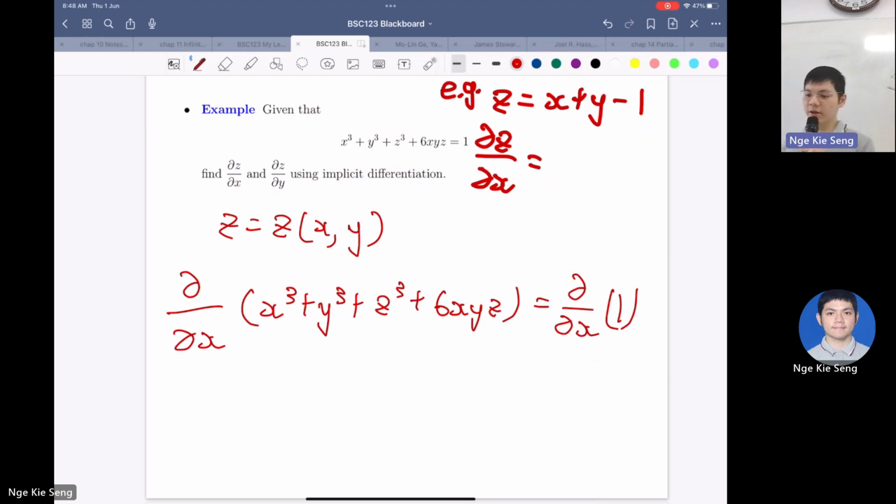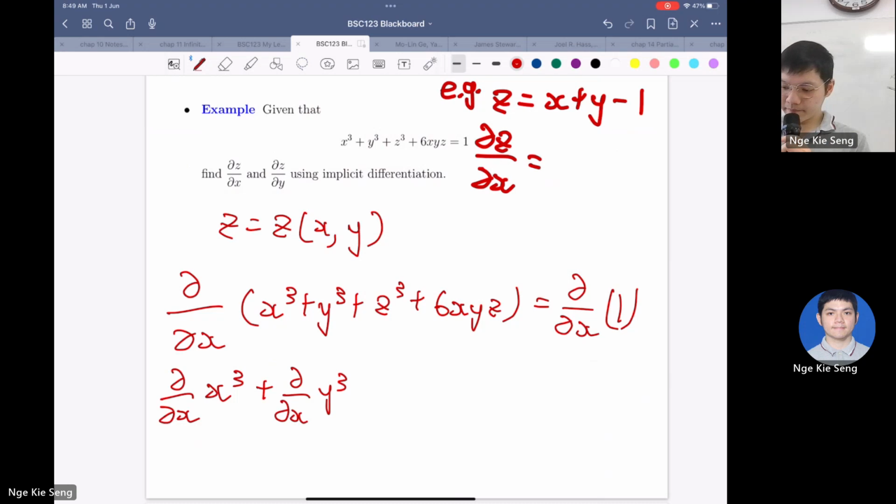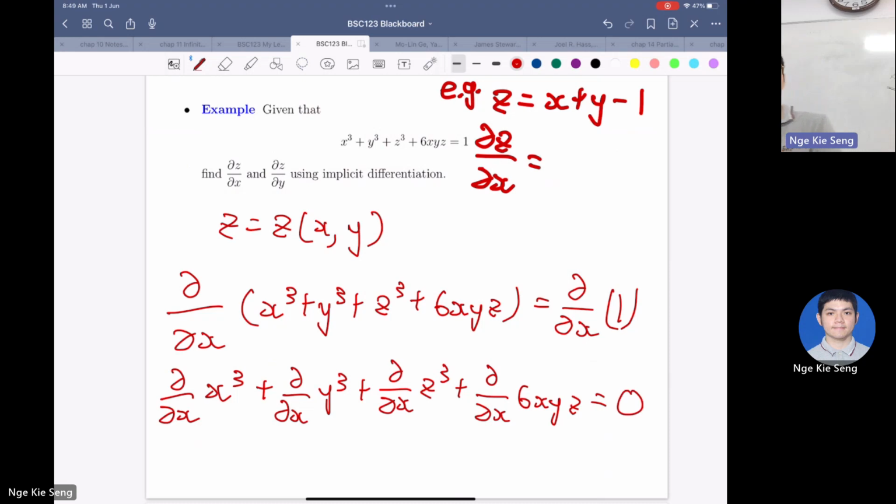We use the property that the partial derivative is linear, so we can break out the sum. Differentiating a constant is 0.